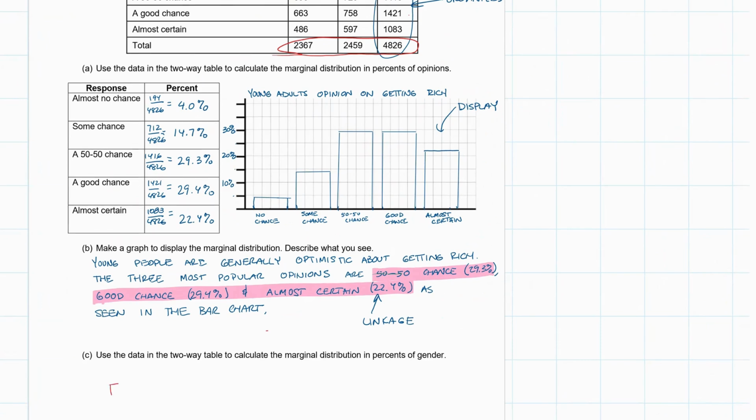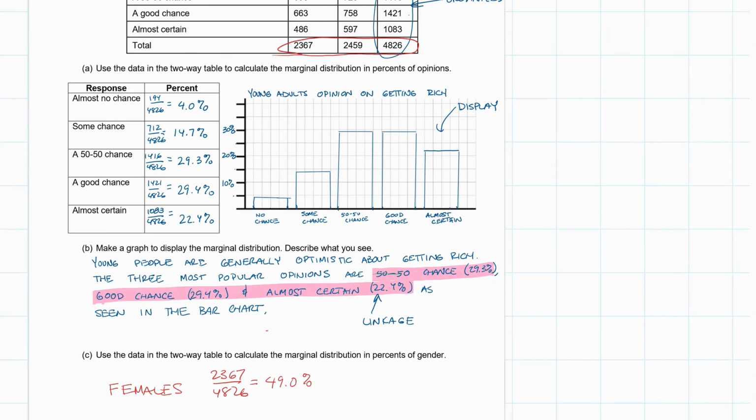So we might say, okay, females make up 2367 out of the 4826 in the survey. And again, we want a percentage version of that. I put that in the calculator ahead of time, so you don't have to see me entering that in.